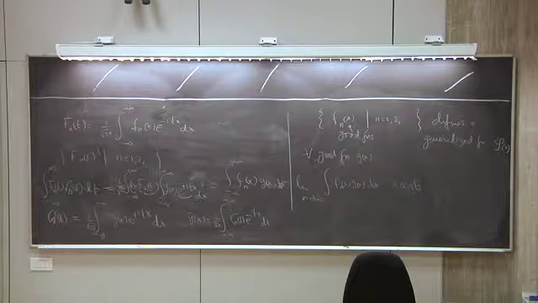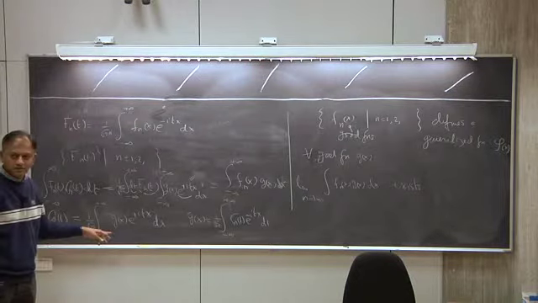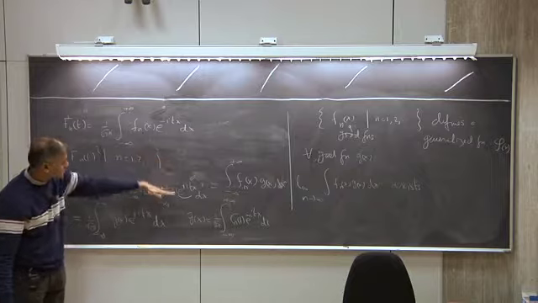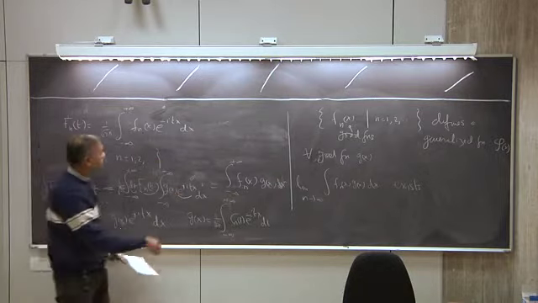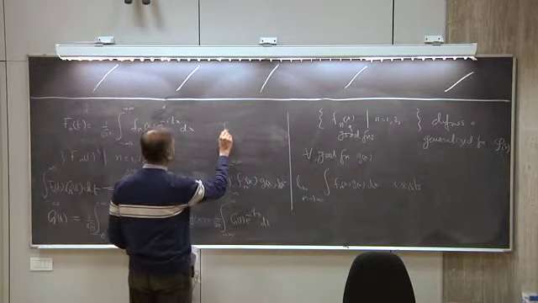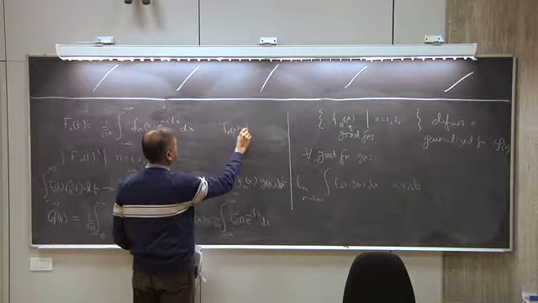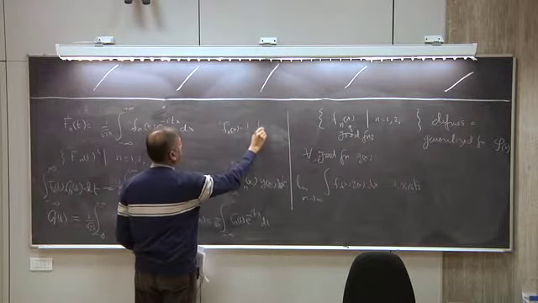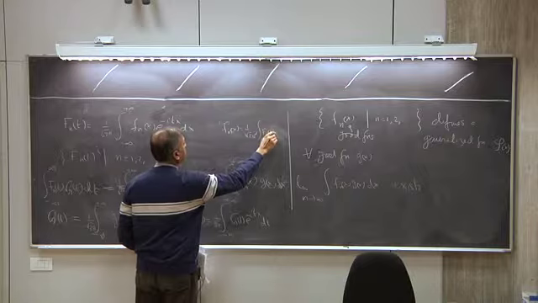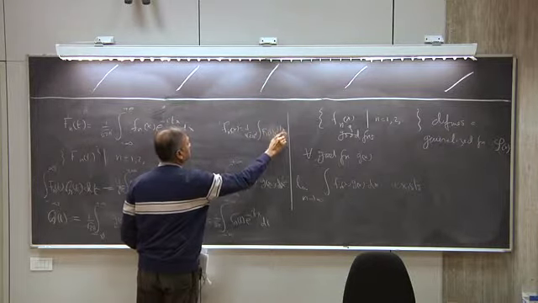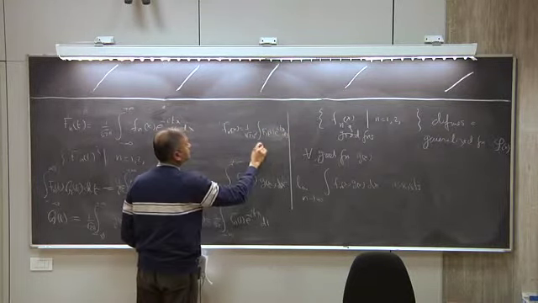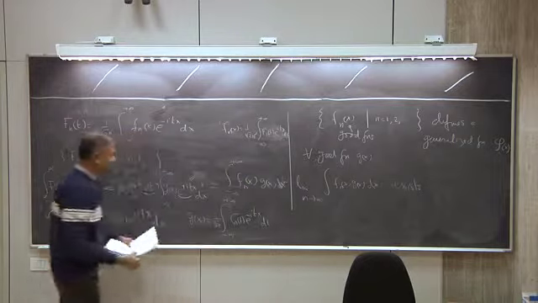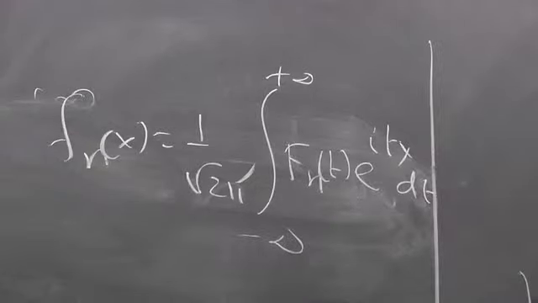I mean, that's not important, right? That is because I just wanted to get back this expression. You see, the inverse Fourier transform is f_n(x) equals 1 over root 2 pi, the integral of F_n(t) e to the plus i t x dt, correct? So I just wanted to get that expression here, with plus i t x.